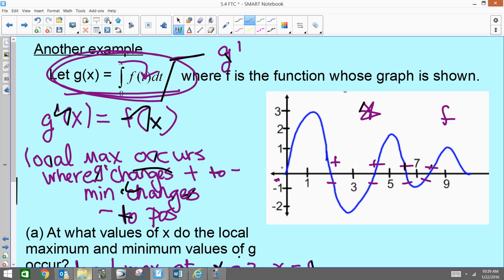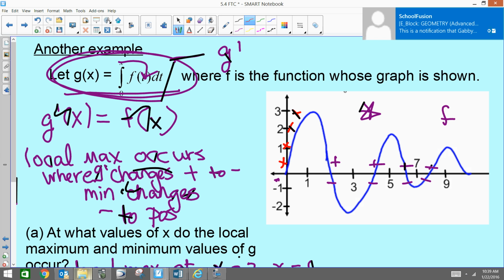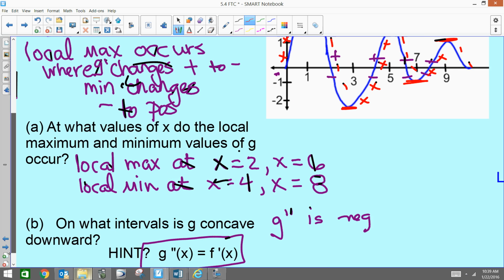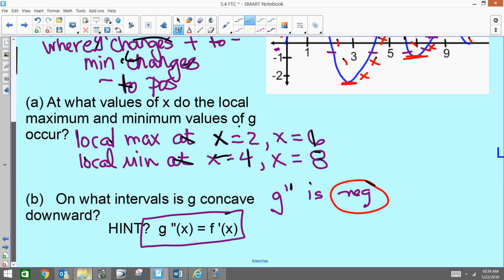The slopes are positive, positive, positive till we get to here. Then negative, negative till here. Then positive till here. Negative till here. Positive till here. Negative, negative. So we want all the intervals where it's negative.